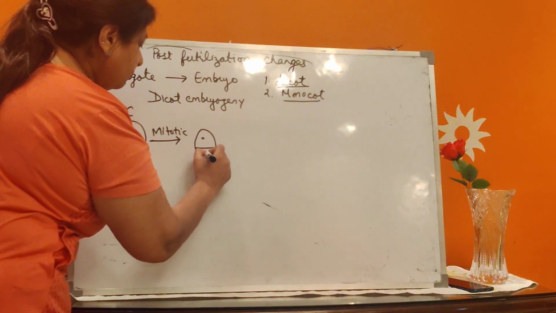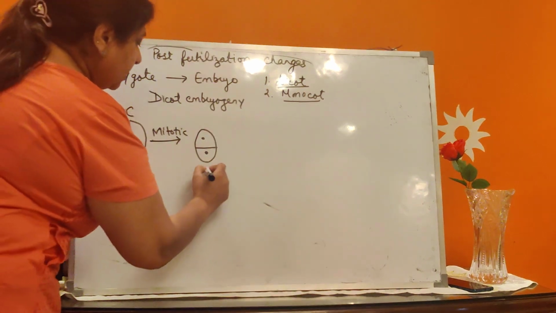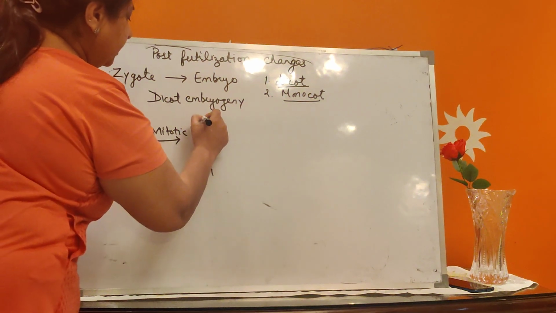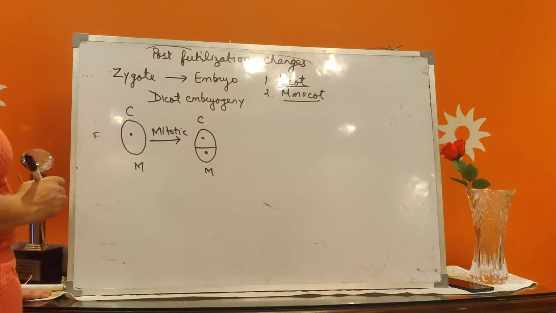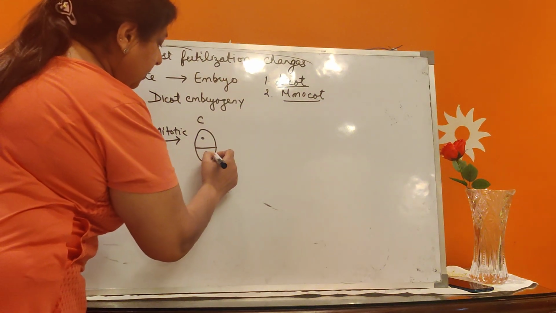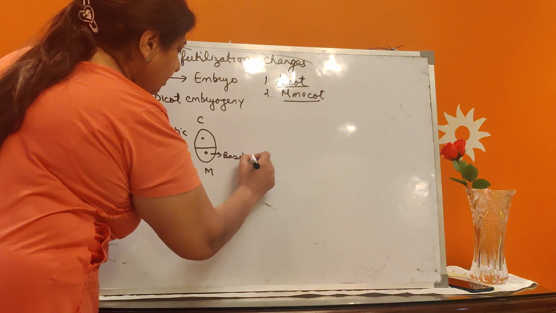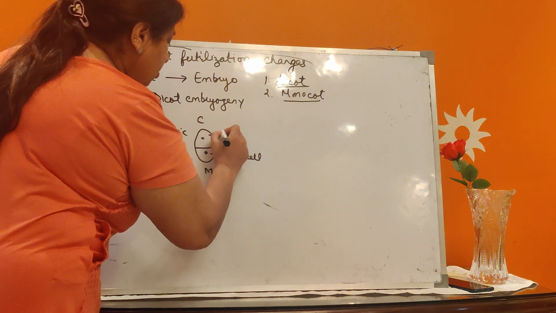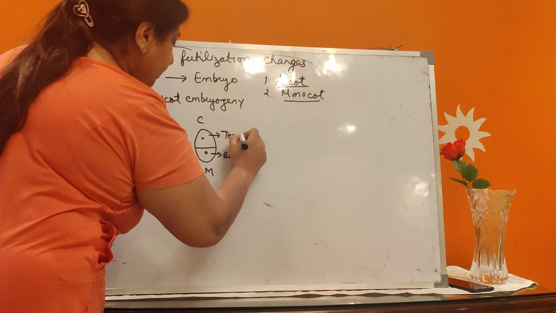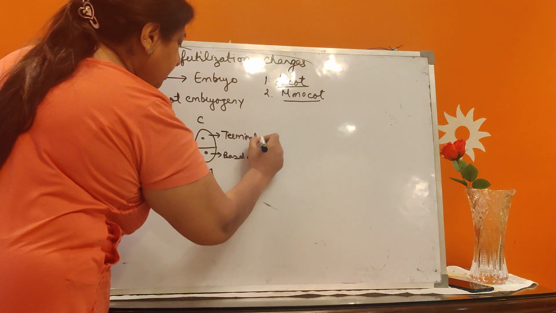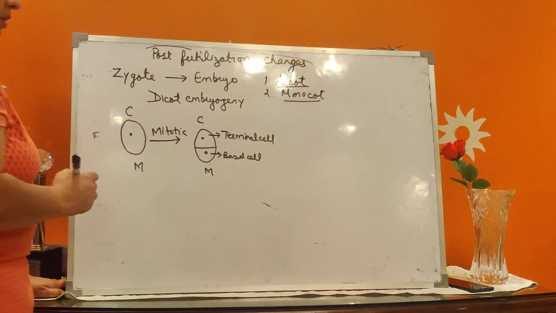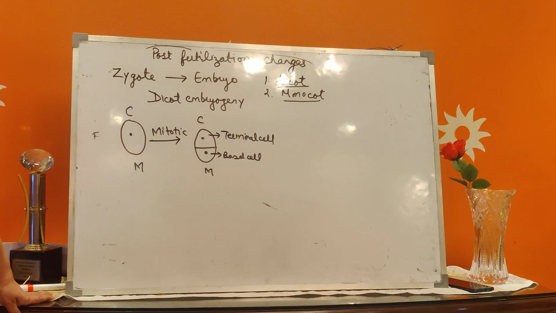One cell is near the micropylar end and the other is near the chalazal end. This cell is called the basal cell and this cell is called the terminal cell. So two cells are formed.